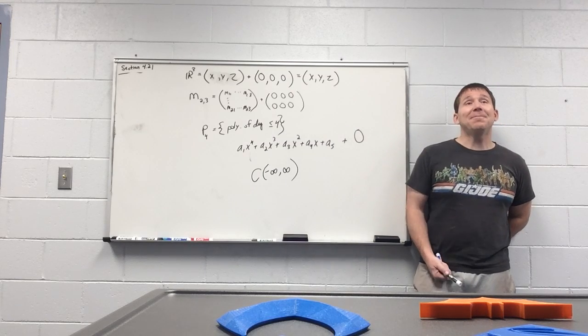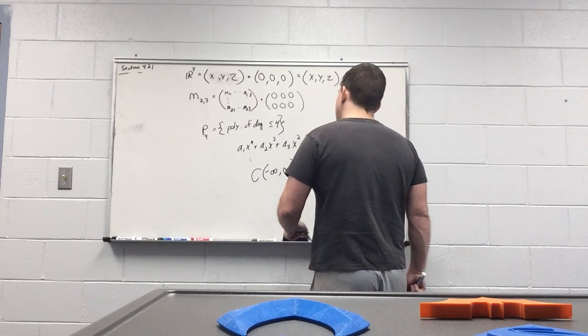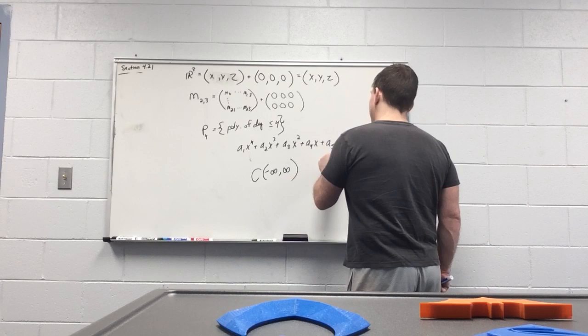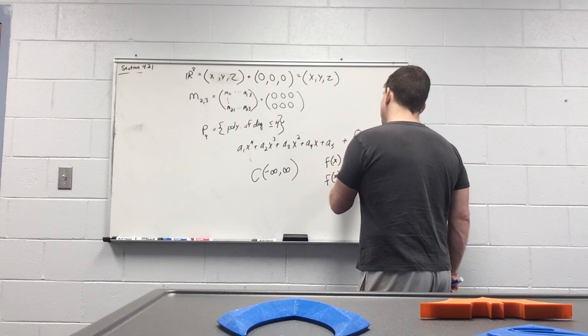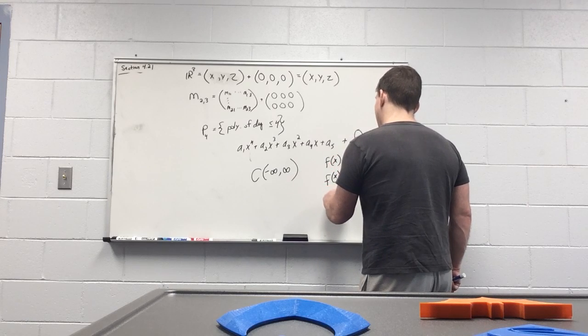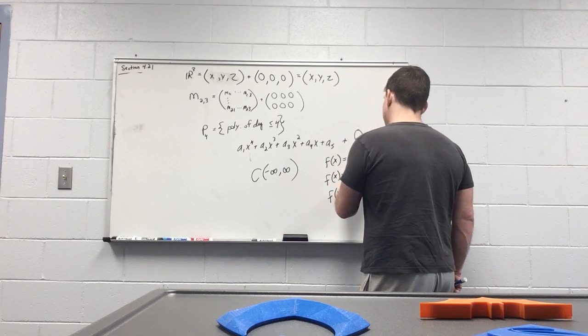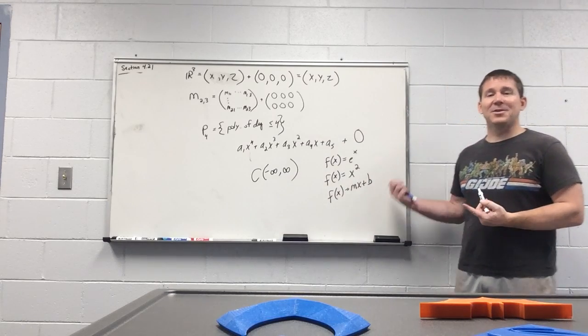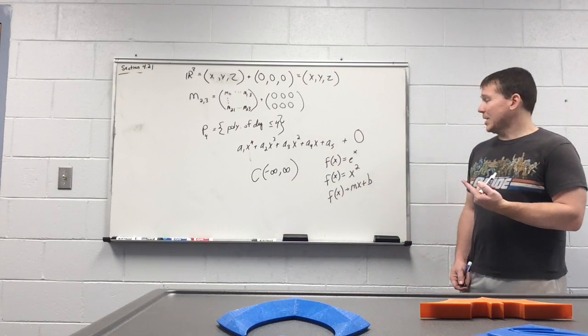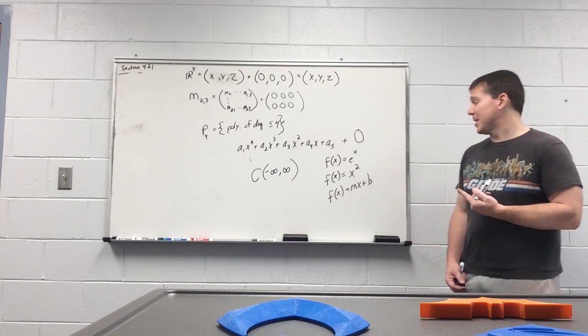So pick any function you want. And again, maybe pick some random ones. e to the x, f of x equals x squared, f of x equals mx plus b. I'm not proving anything here, I'm just finding the additive identity. So just so we're clear, those are all continuous functions on the real line.